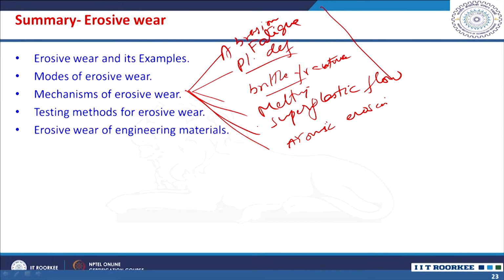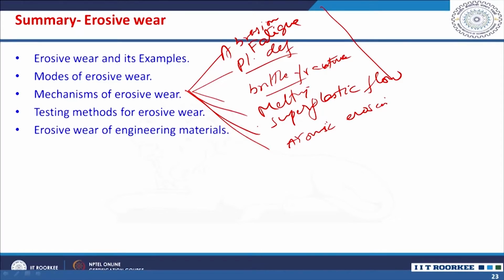Erosive wear can be understood for the deformable material and for the brittle material. In both cases, the erosive wear rate increases with increase in particle size, the velocity of the particles, or the impact angle. For a deformable or ductile material, you will have maximum erosive wear at lower angles, whereas for a brittle or harder material, you will have maximum erosion at higher angles or normal incidence.